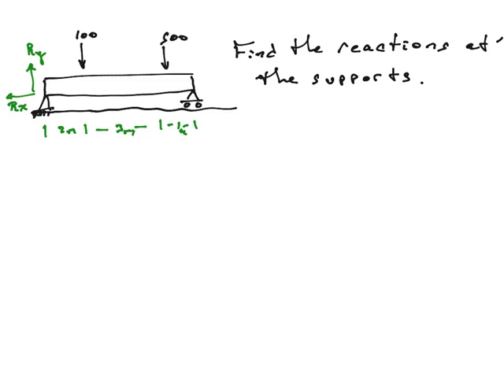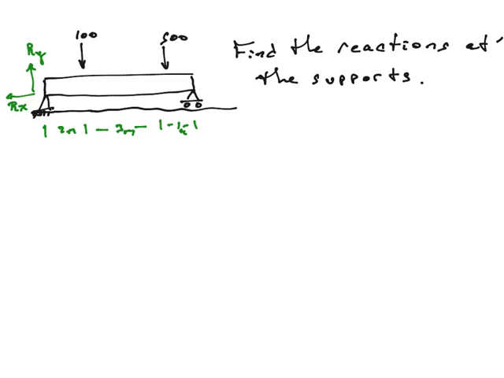So I'm going to guess, for the pin, I know there's a horizontal and I know there's a vertical. I'm going to guess the vertical should be up. The horizontal, I don't see any left or right forces, so I'm just going to say it's to the left. Now what about the roller? The roller will have one reaction, and it's always perpendicular.